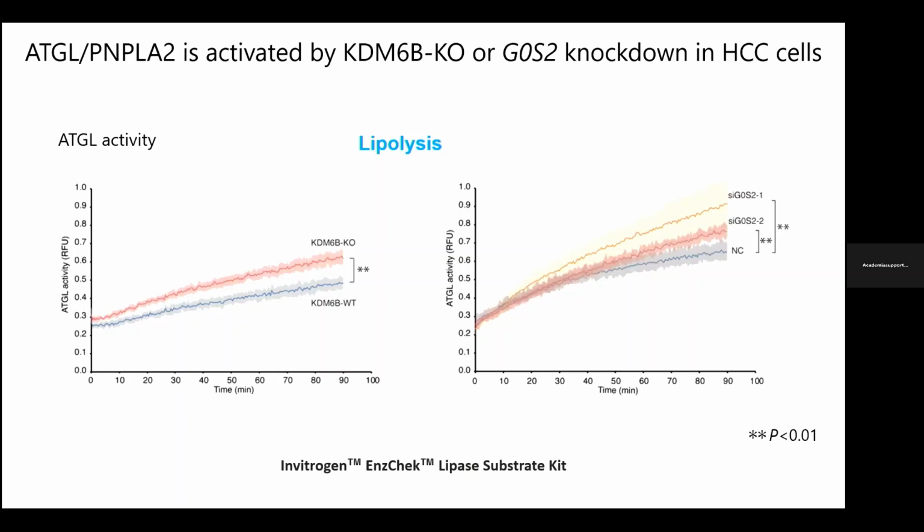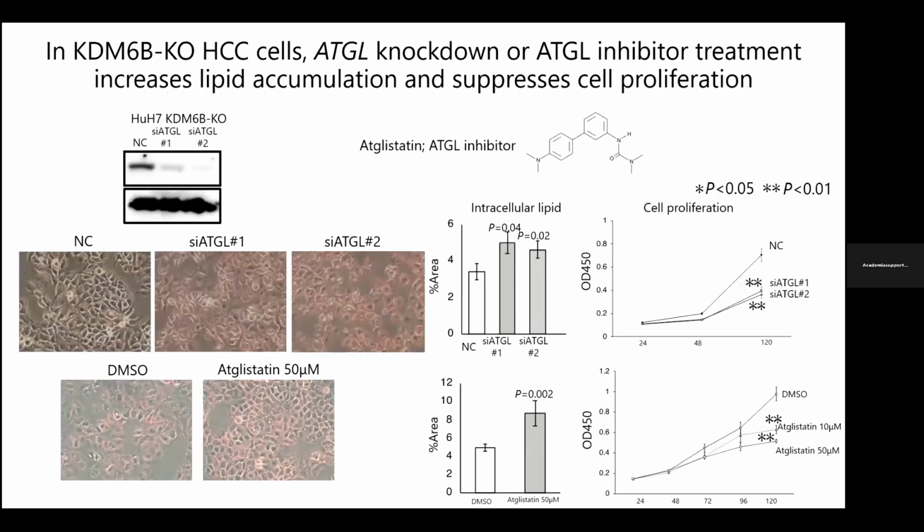Indeed, as a direct target, ATGL activity was significantly upregulated in KDM6B knockout HCC cells and G0S2 knockdown HCC cells. Then we evaluated the effect of ATGL knockdown or treatment with the ATGL inhibitor atglistatin. As shown, inhibition of the ATGL pathway increased lipid accumulation and suppressed the proliferation of KDM6B knockout HCC cells.